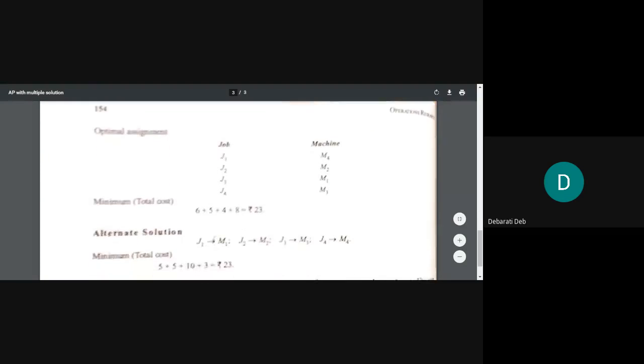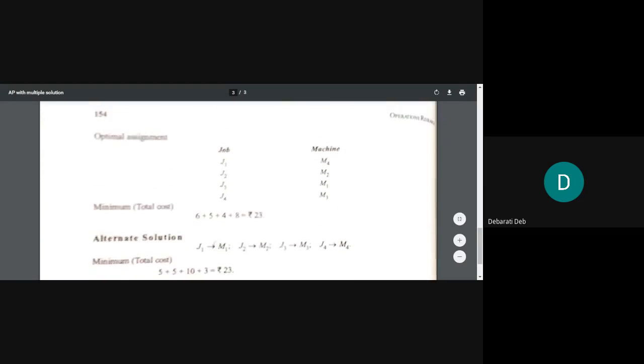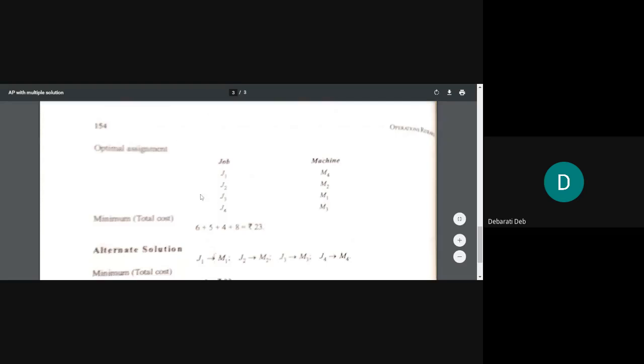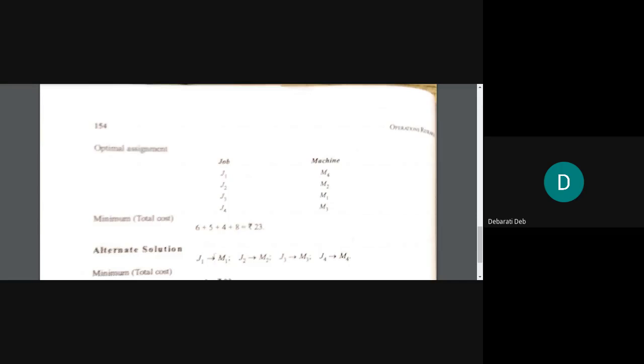This is what has been done in the book. Okay, then the total cost arrived at was rupees 23.